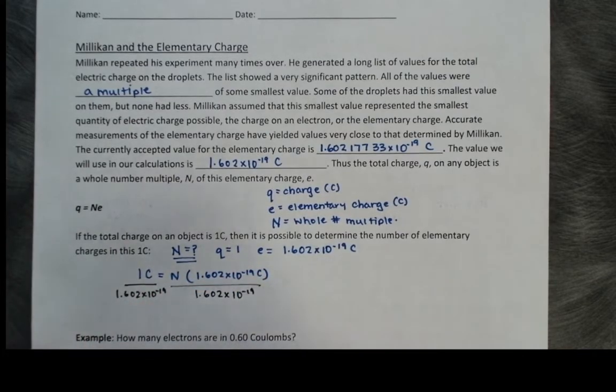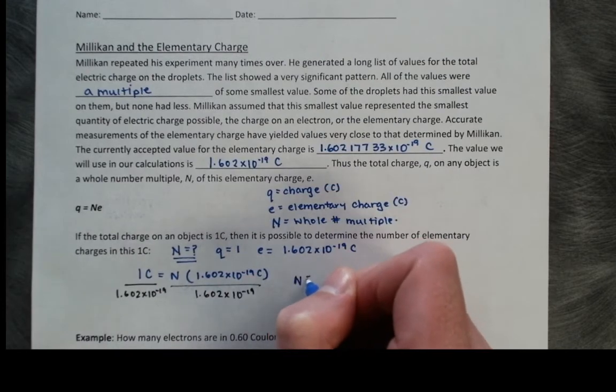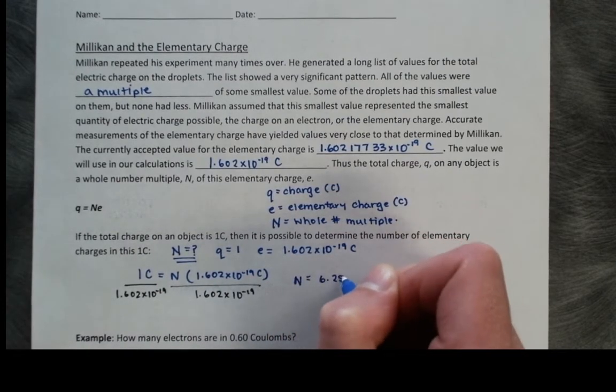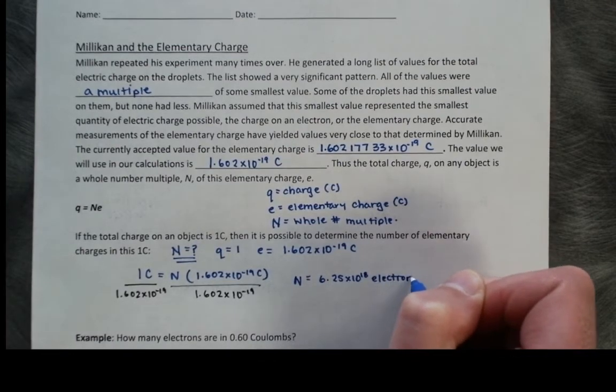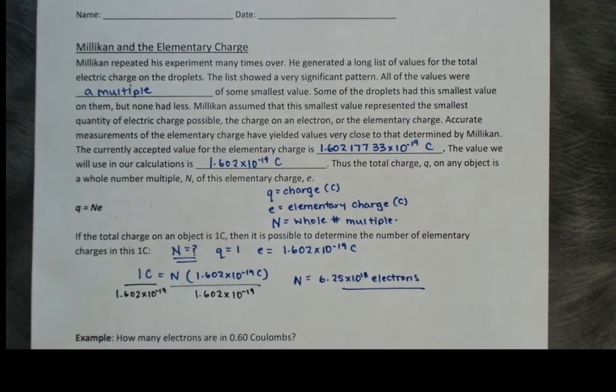And we end up with N equals 6.25 times 10 to the power of 18 electrons. So that's how many electrons are inside of 1 coulomb of charge. Okay?